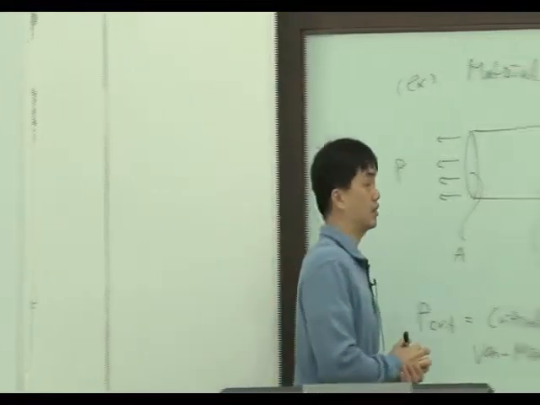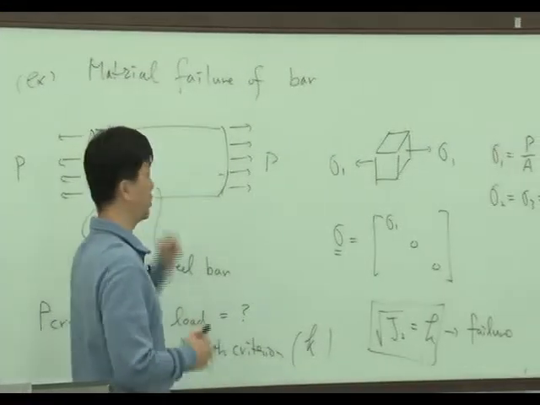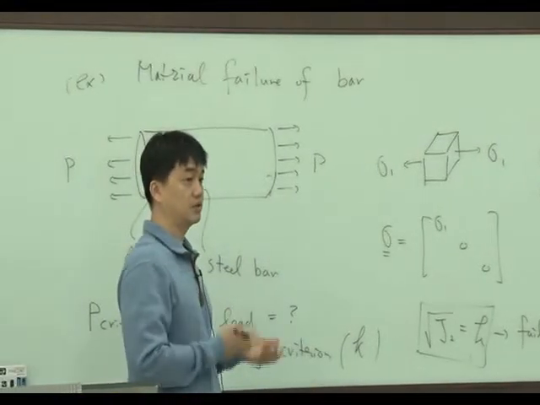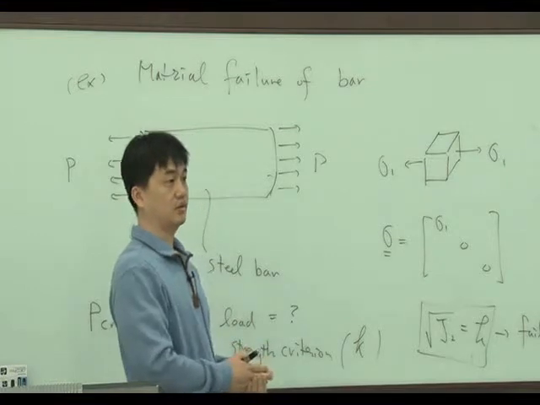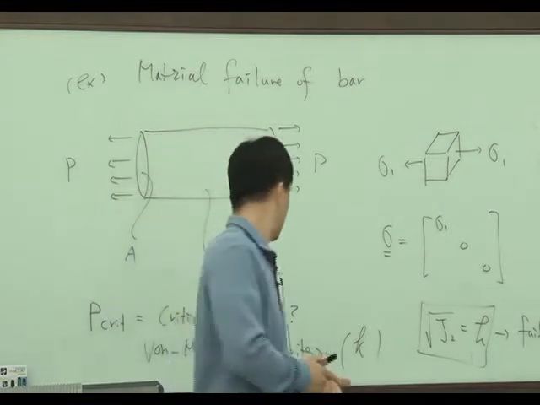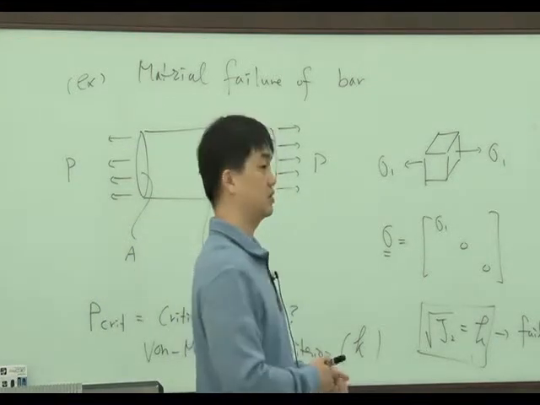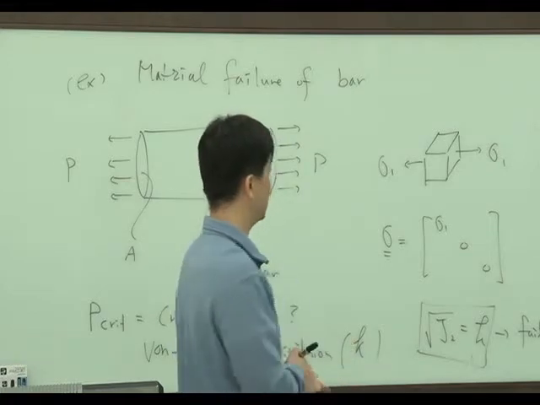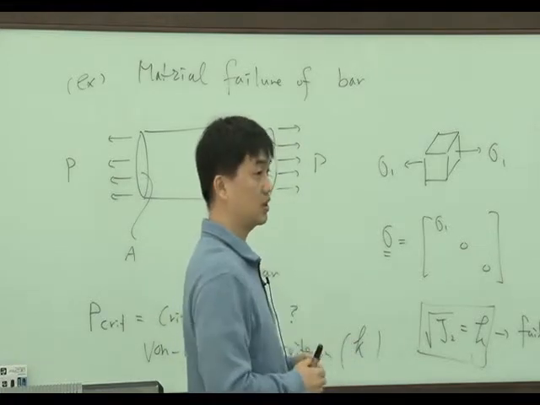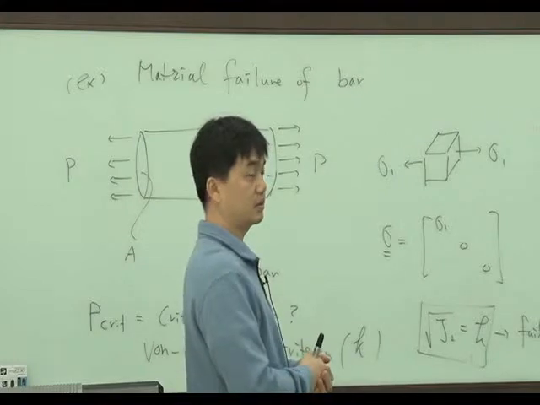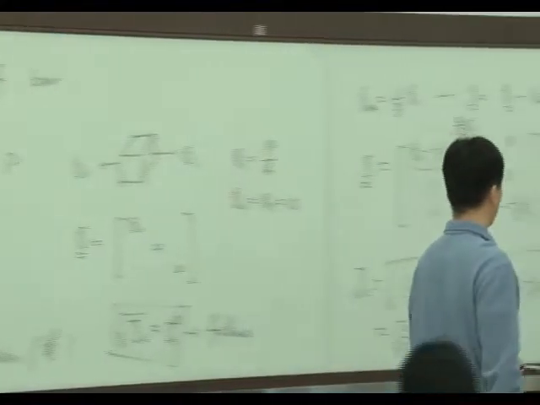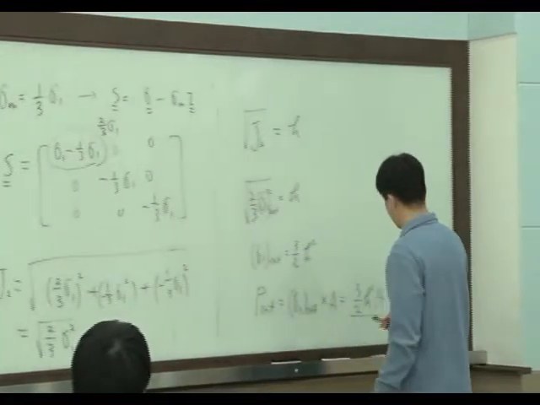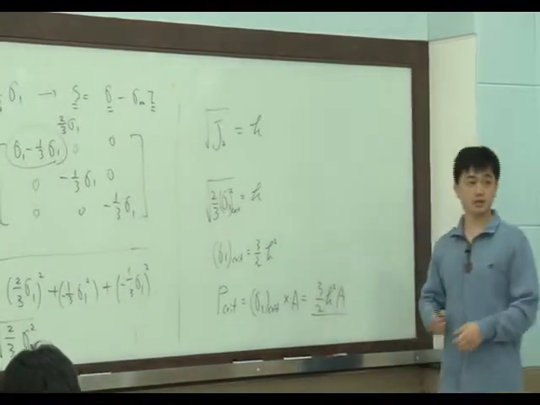Okay, understand? Any question? So this bar has a material which fails based on the von Mises strength criterion and has a critical load P critical. So that bar fails when this amount of critical load is applied.